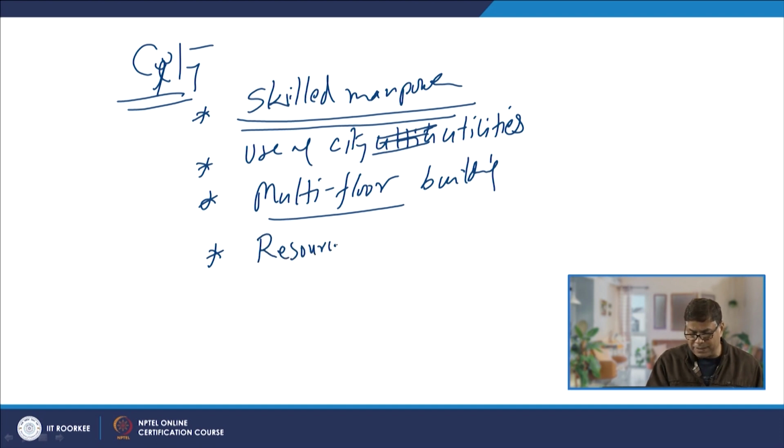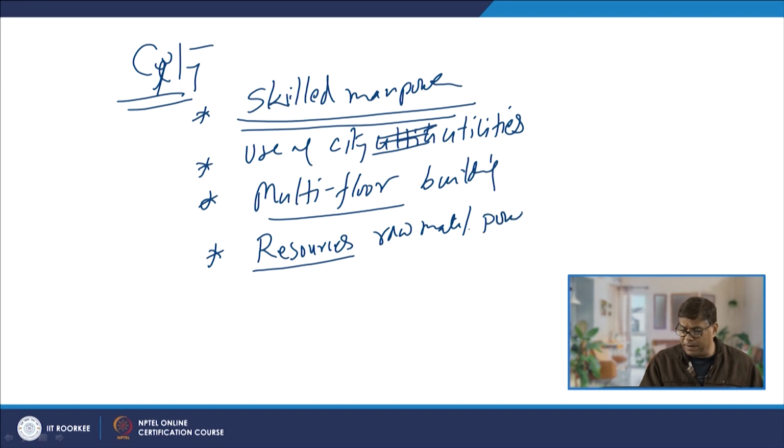Various resources are needed for smooth running of the organization, like the raw material and the power. If these are required, then the plant should be located near the resources.